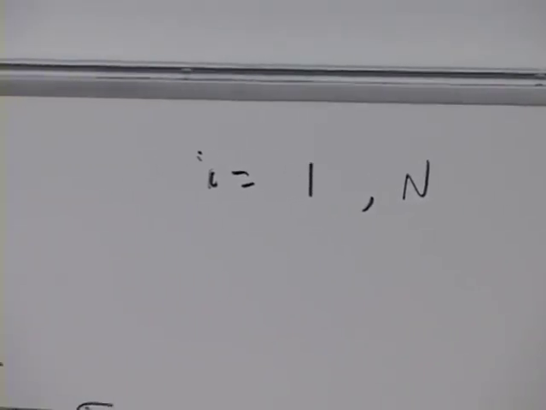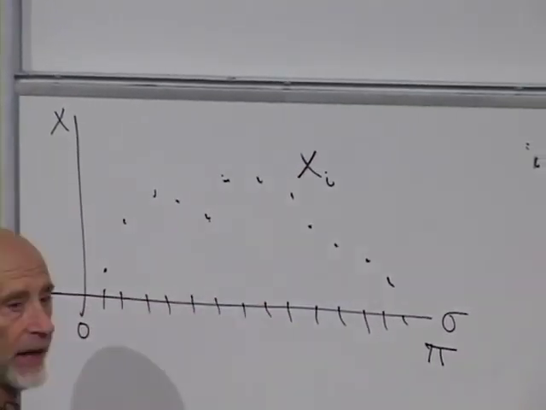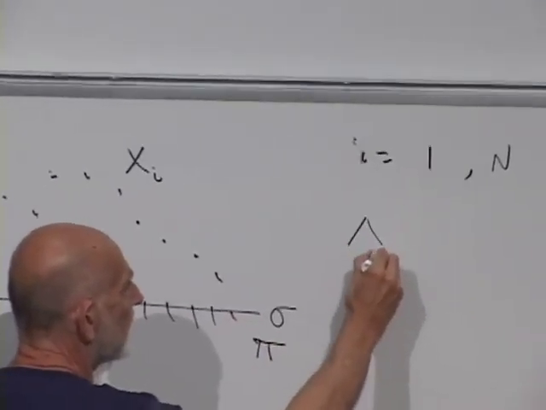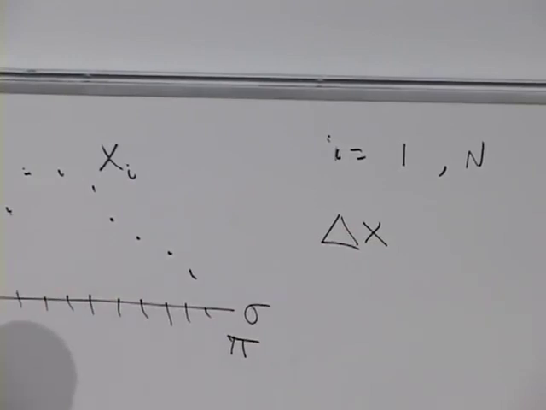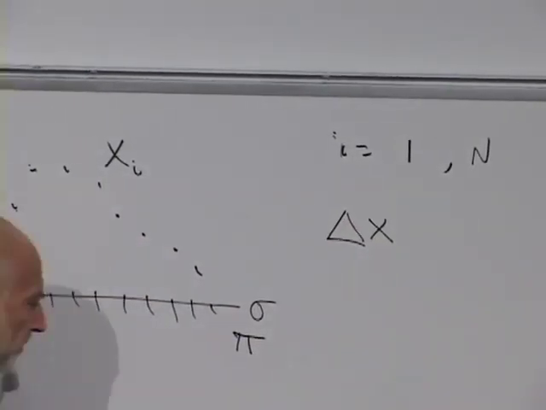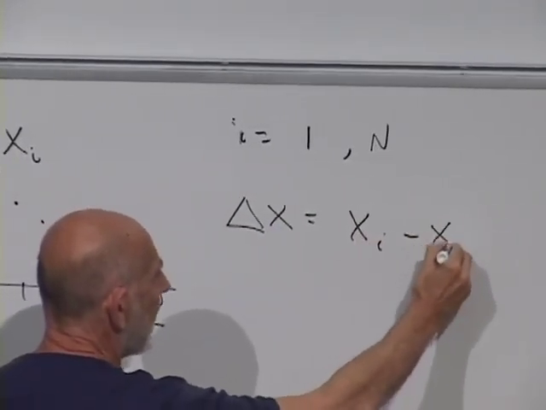Let's think of the difference between x at I and x at I plus 1. We can call that delta x if we like. It's just equal to x of I minus x of I minus 1.